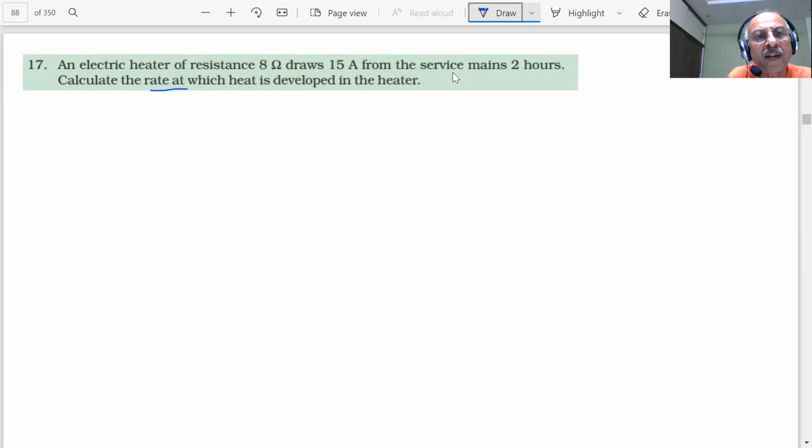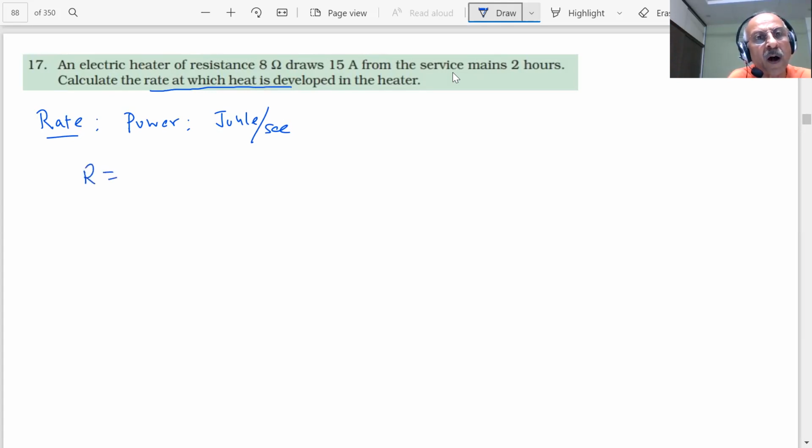What do you mean by rate at which heat is developed, student? What is a rate? Rate is nothing but power, student. That means we want to know how many joules per second. How many joules in 1 second of heat is being produced, students?